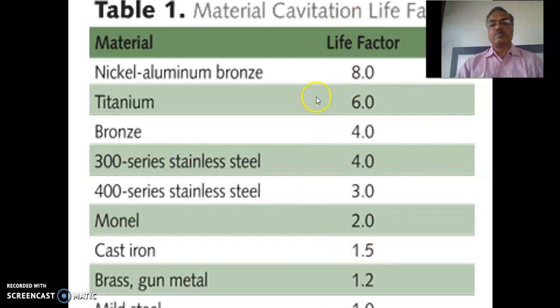Some life factor is shown by this arbitrary number. Nickel aluminum bronze 8, titanium 6, bronze 4, and so on. And lower on the list there is mild steel, which is 1. It will not be visible on your screen. So below brass it is mild steel and the factor is 1.